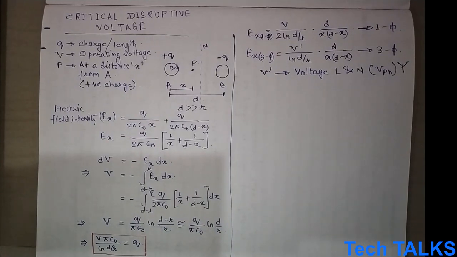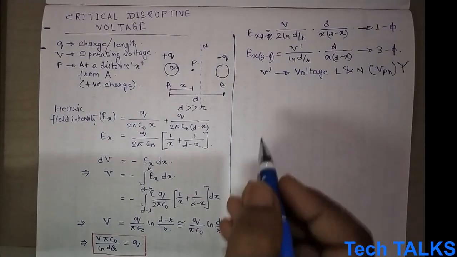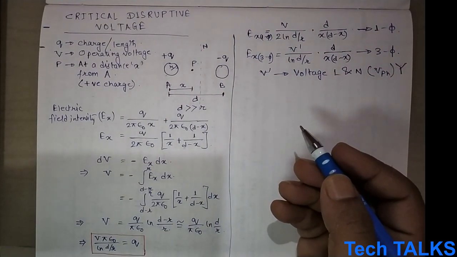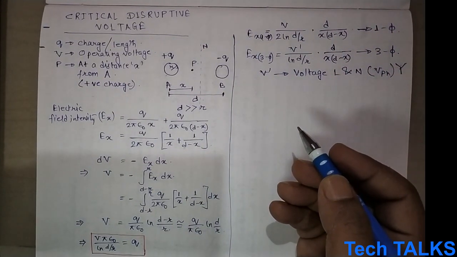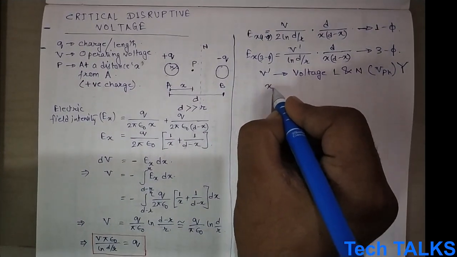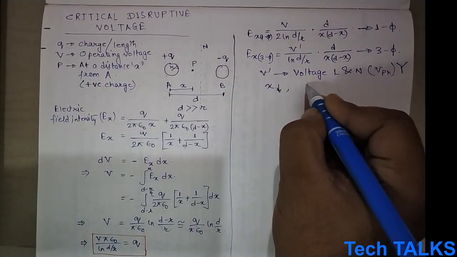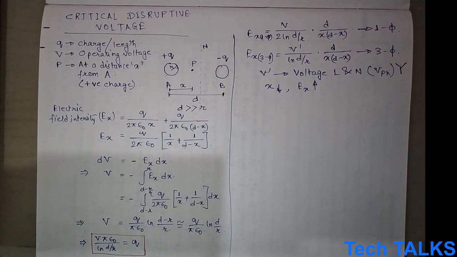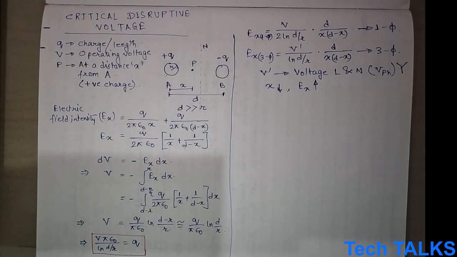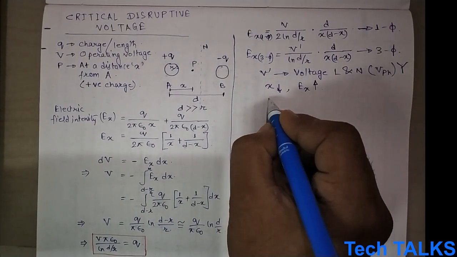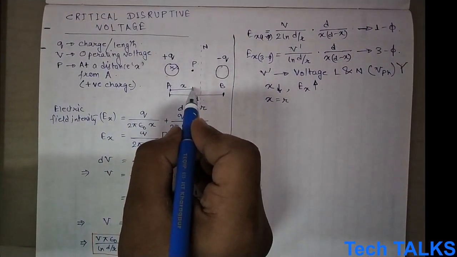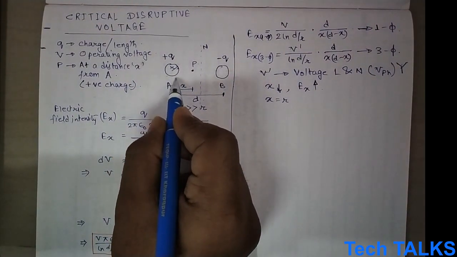Okay, so the minimum value of x is when x is equal to r. That means here, at r. So at this point, Ex, that is the gradient, has its maximum value.